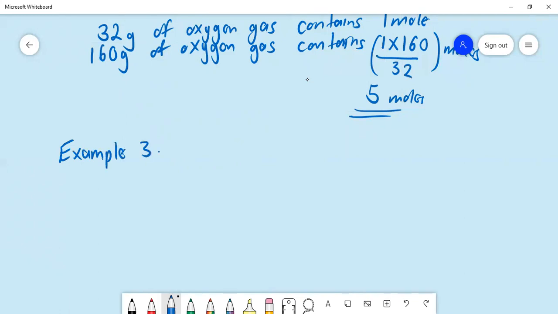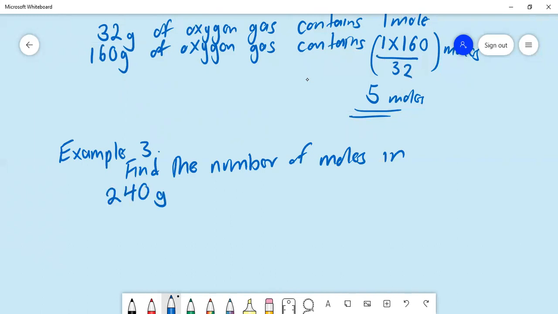Find the number of moles in 240 grams of magnesium atom. Of magnesium, just magnesium. Or they can tell us magnesium ribbon.